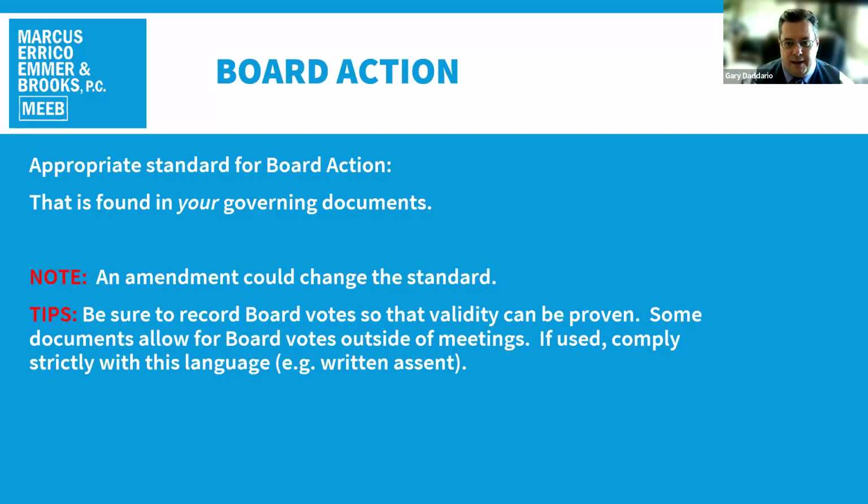If you make a decision outside of a meeting, you want to make sure that you strictly comply with whatever the rest of that provision is, because again, it can be very costly in a lot of ways, time, effort, and money, if the board makes a decision and a unit owner is able to successfully challenge it or invalidate it.